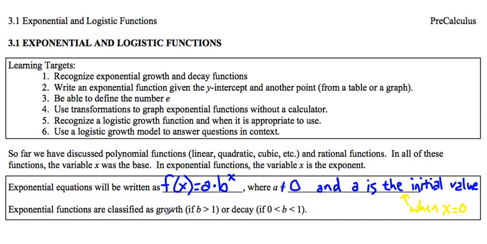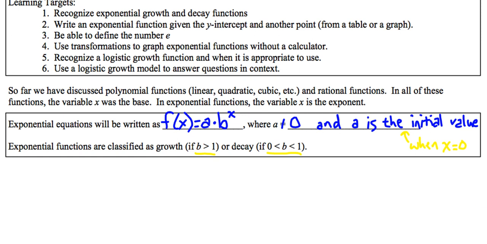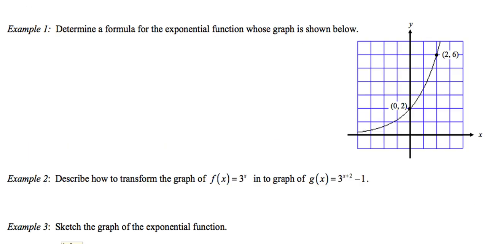Okay, so we talked about this in Unit 1, but they are growth when b is bigger than 1, and decay if b is between 0 and 1. So let's say you're given a graph and 2 points on that graph. We want to come up with a formula or an equation for the function shown.